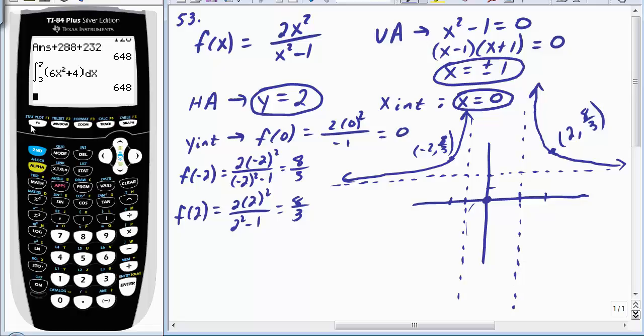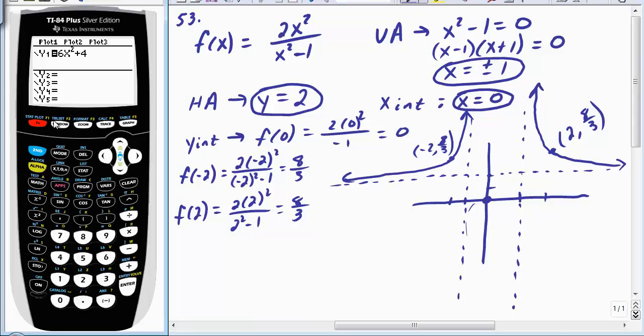I'll go ahead and use the calculator to assist with the calculation. So I go to y equals, and then the numerator is 2x to the second. I'll put that entire numerator divided by the group x squared minus 1, and close out the denominator.